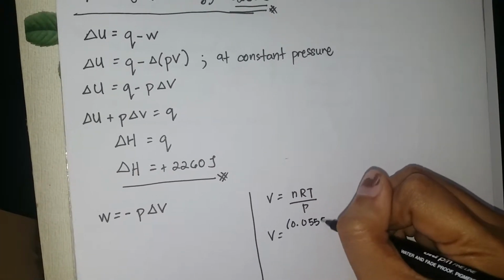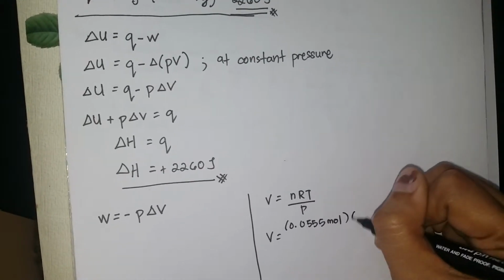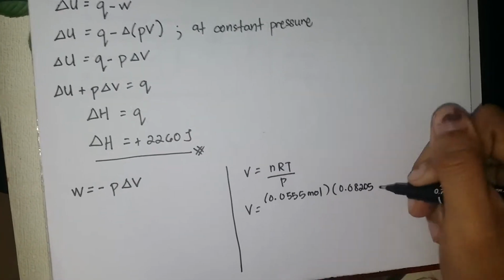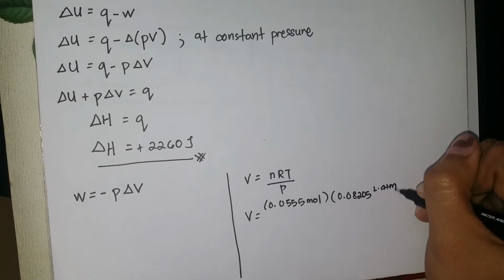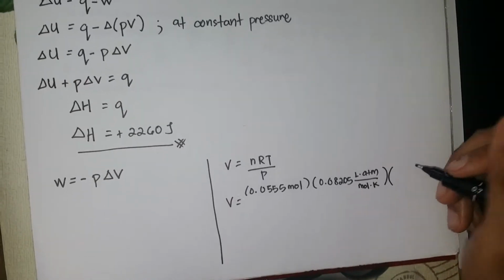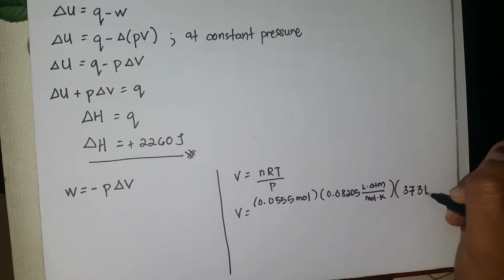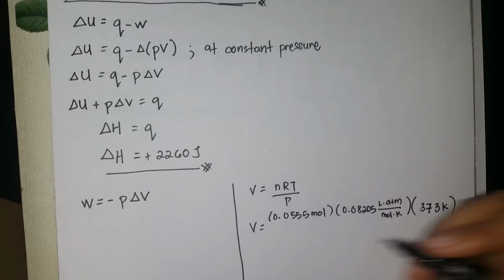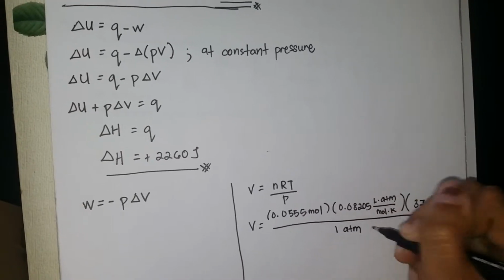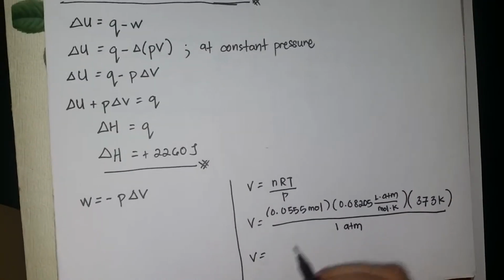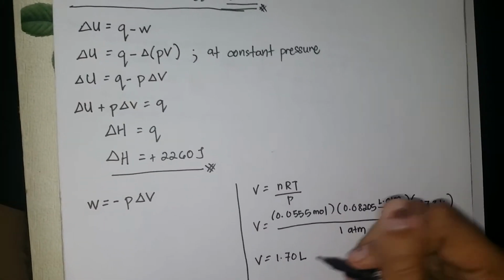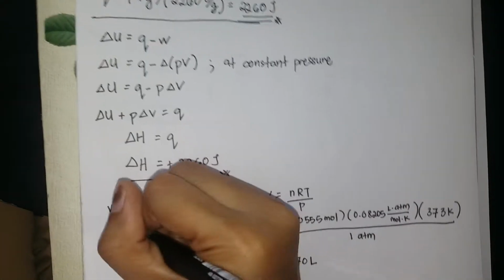That's simple. Mole of water times the gas constant times the temperature, 100 degrees Celsius, which is also equal to 373 Kelvin, all over the pressure, which is given. Now we already solved for the volume, which is equal to 1.70 liter.